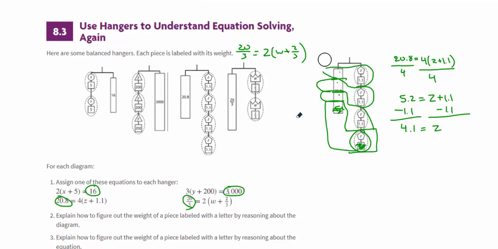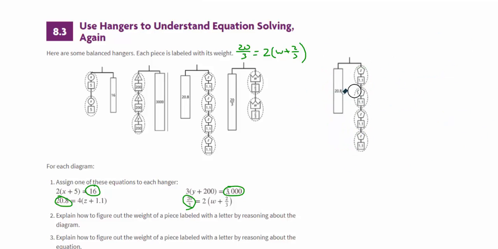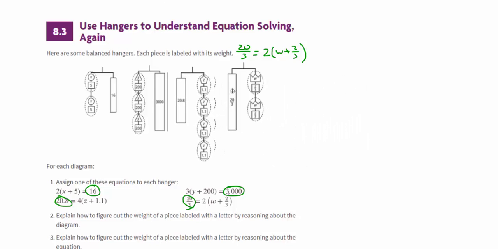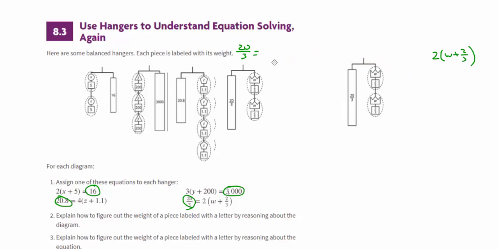Okay, let's take a look at the last one. Fractions. Okay, so I have 2 groups. I'm going to take this side of the hanger and divide it by 2, right?